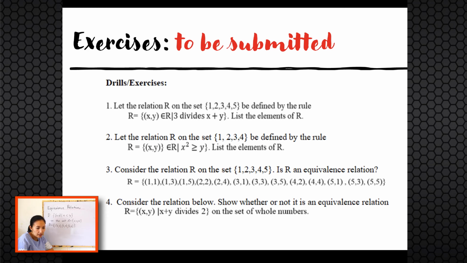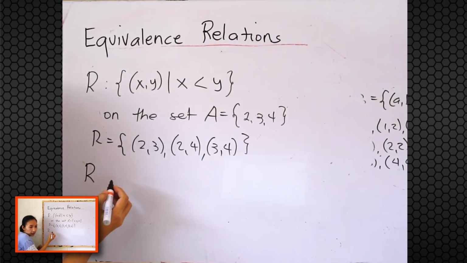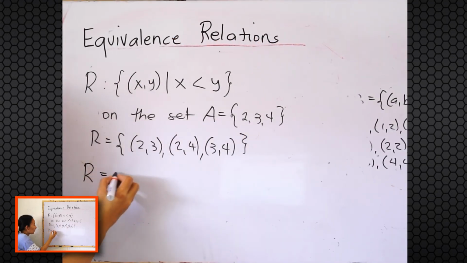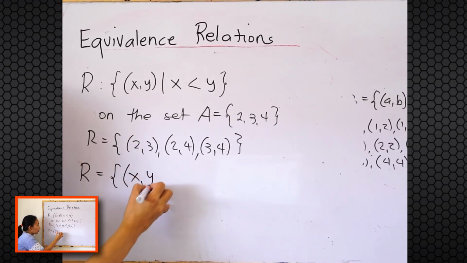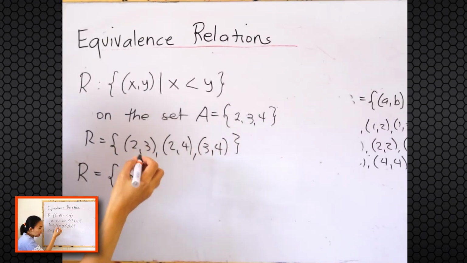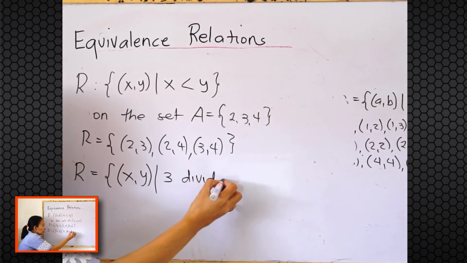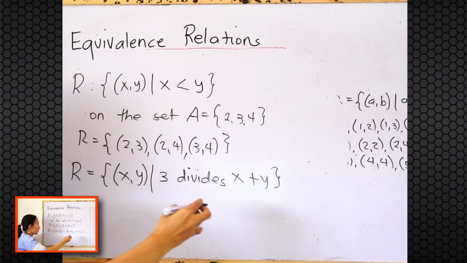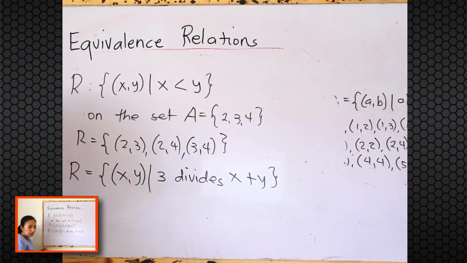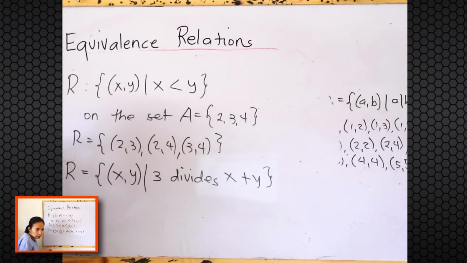Let R be the relation on the set such that R is equal to the set of ordered pairs (x, y) such that 3 divides x plus y, on the set 1, 2, 3, 4, 5.